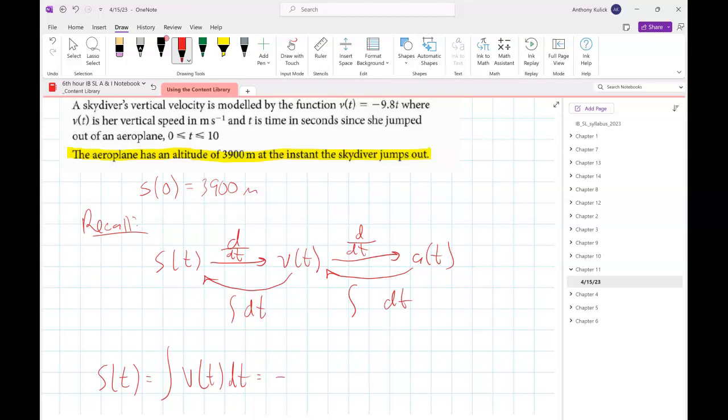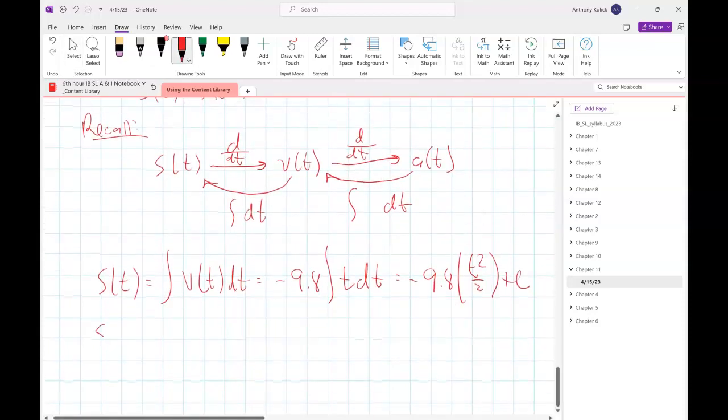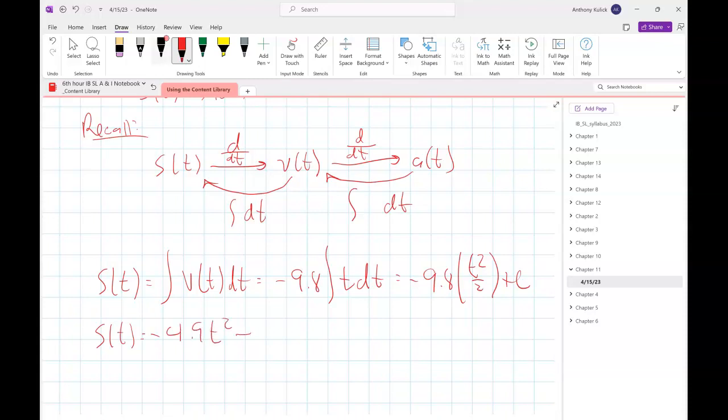We're told V of t is negative 9.8 t. Everybody okay to there?